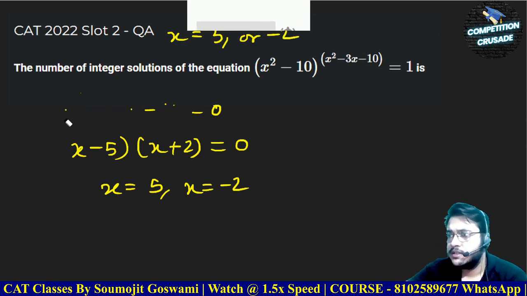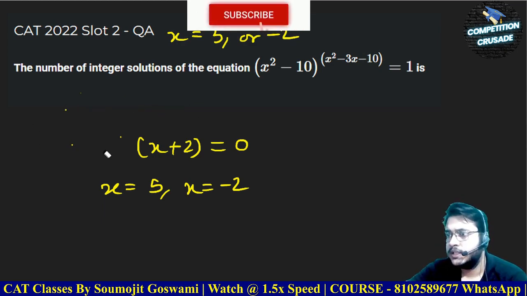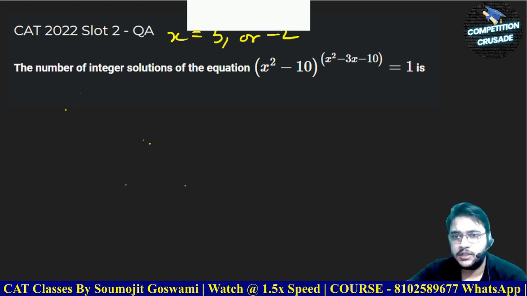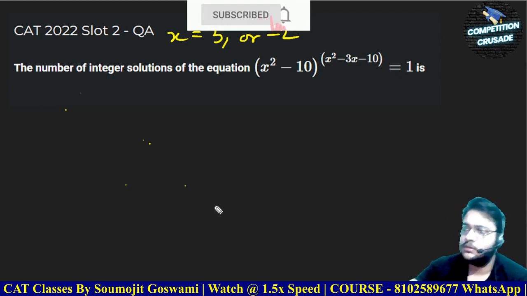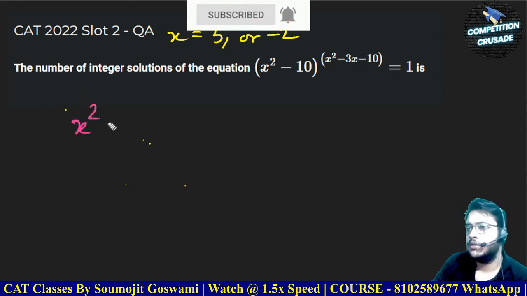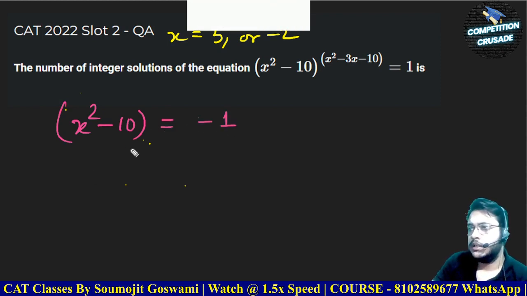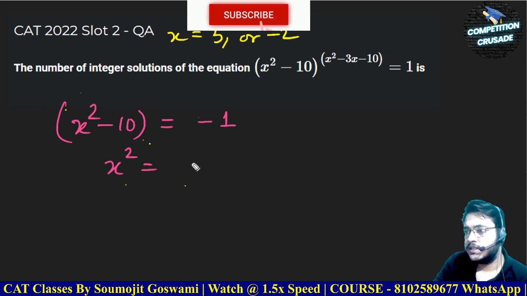Now the last thing that we need to check for is the one which we just mentioned, which is negative 1 raised to the power even. Okay, hopefully we will get somewhere. So suppose this is minus 1, x square is equal to 9.